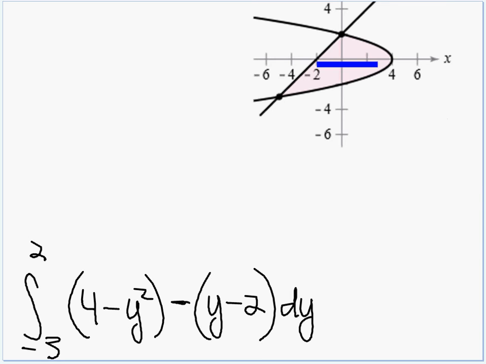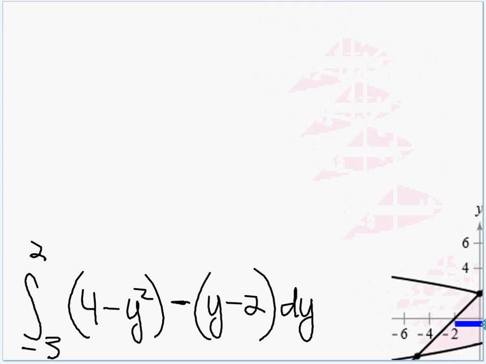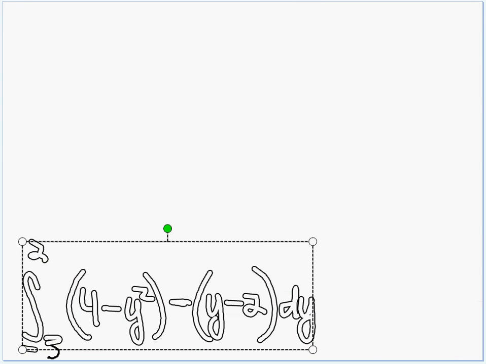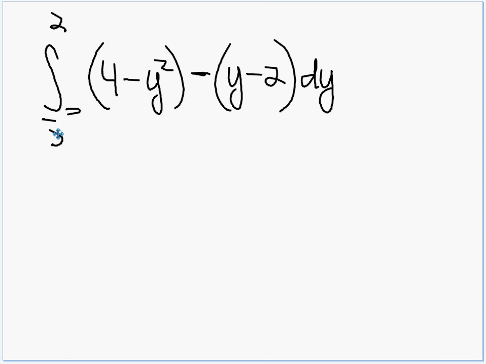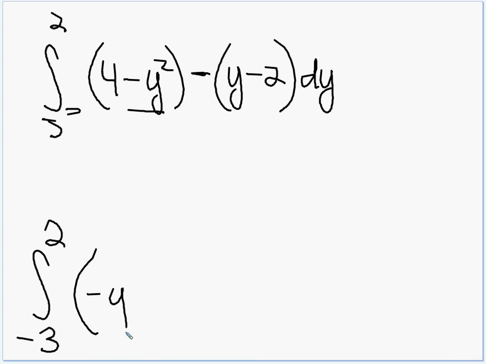Okay, this looks much nicer than what we just did as far as evaluating and integrating. There we go. Let's distribute the negative and collect like terms. So we are going to go from negative 3 to 2. Our leading term will be a negative y squared. And then we'll have a minus y.